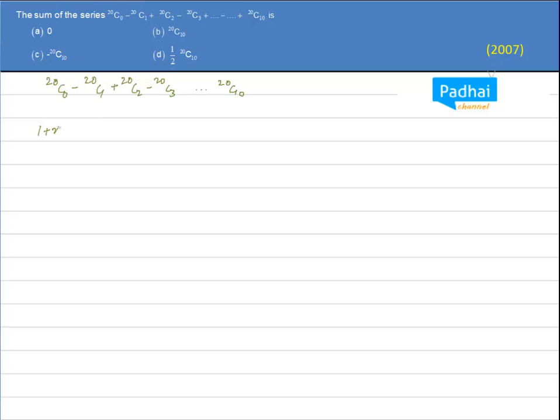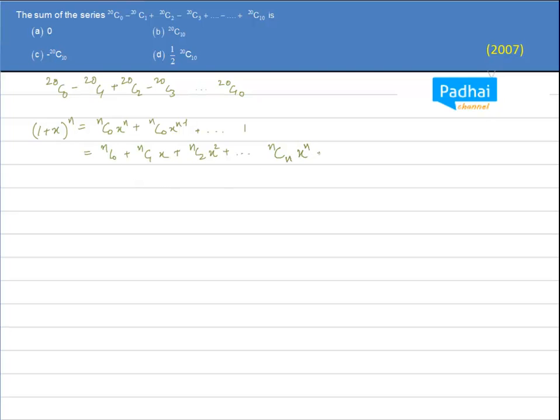We know the binomial expansion that (1 + x) raised to power n is basically nC0 x^n + nC1 x^(n-1) and so on, or I can write it as nC0 + nC1 x + nC2 x^2, and it will go on till nCn x^n.